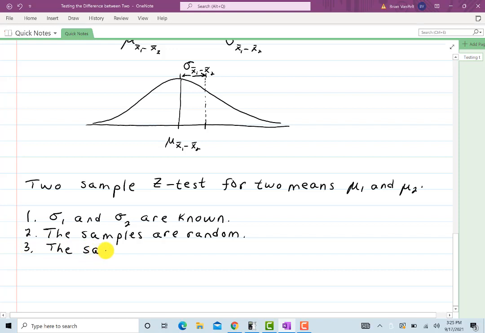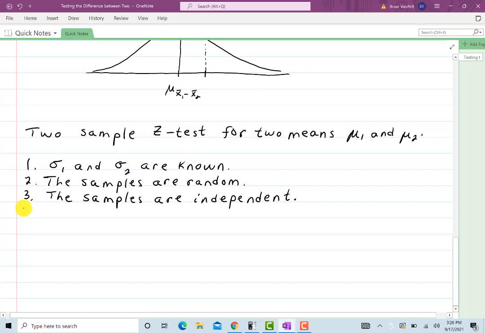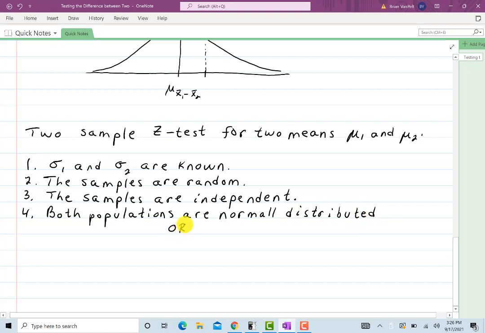The samples are independent. Both populations are normally distributed, or both n1 is greater than or equal to 30 and n2 is greater than or equal to 30. That just means each of the sample sizes is at least 30.